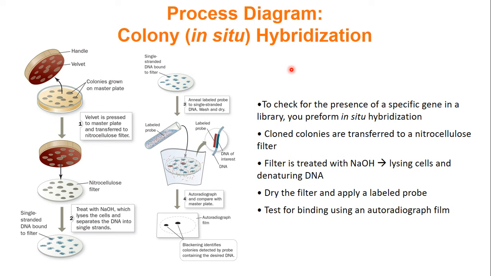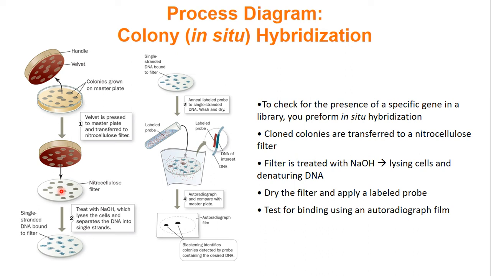Now let's say you've made a cDNA library and you want to get a specific gene out of that. How can you tell which bacteria has which gene? Here we have bacteria with different vectors on them. What you can do is transfer these bacteria to a filter.